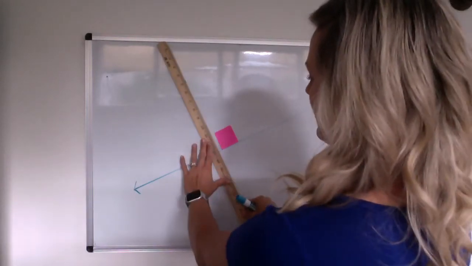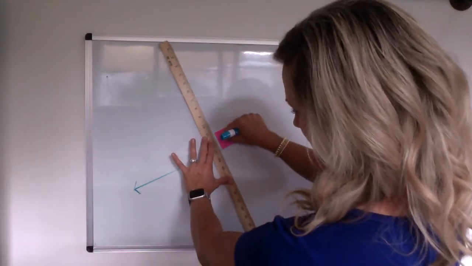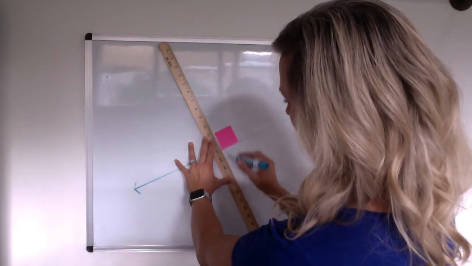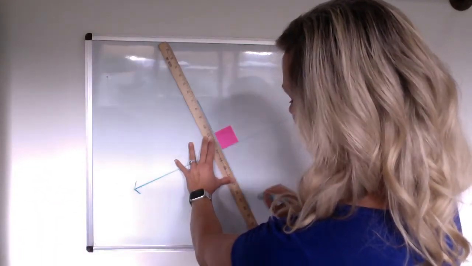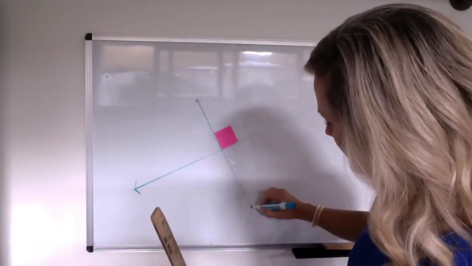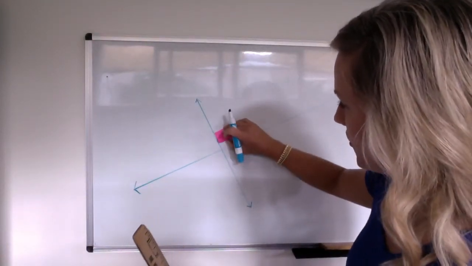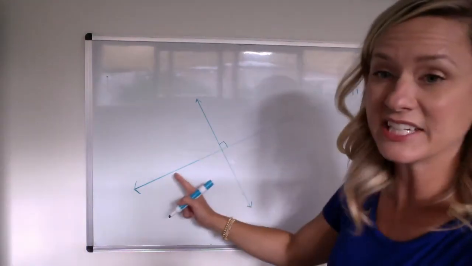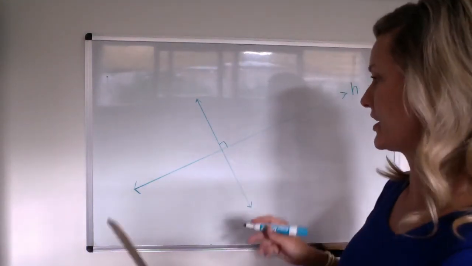Okay, so now I can see, I could draw a line that kind of just matches the sticky. Okay. So now I know for sure this is intersecting line H at 90 degrees.